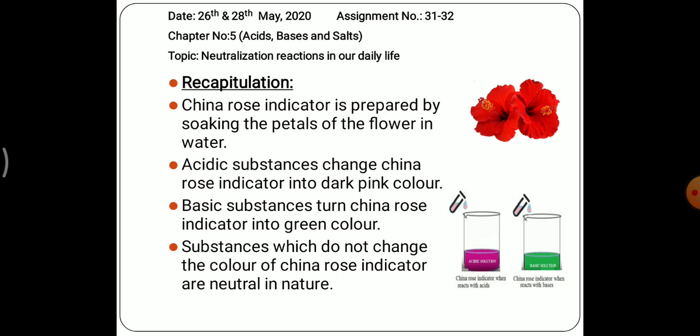And how it is prepared: the petals of the China rose can be dipped in warm water, then it will convert into colorful water that can be used as an indicator. So the acidic substances change China rose indicator into dark pink color, and the basic substances turn China rose indicator into green color. Then what happens with the neutral substances? There will be no change in the color of China rose indicator.